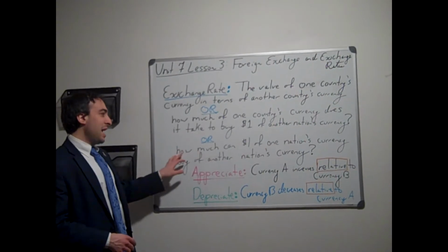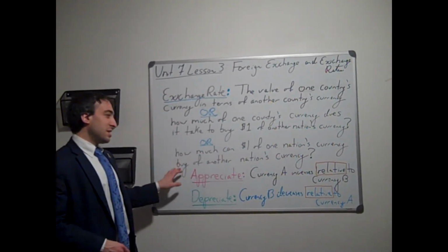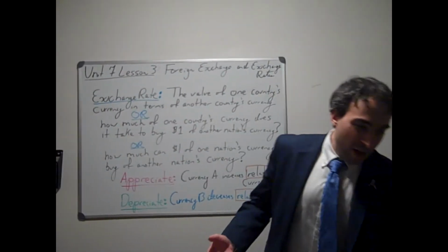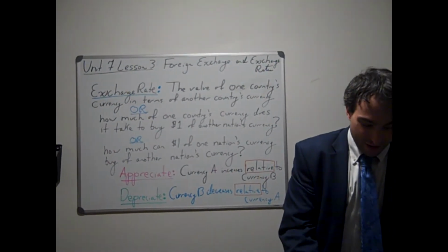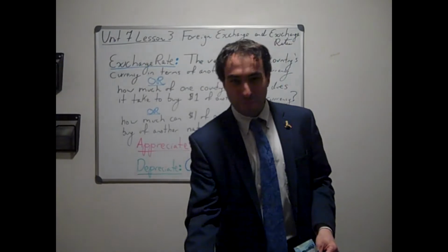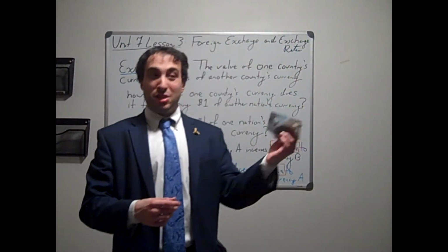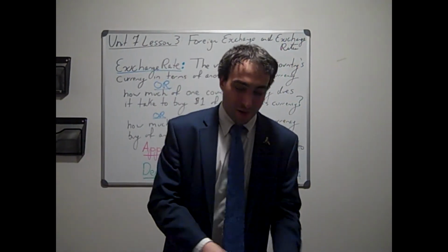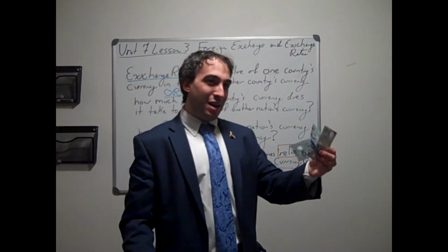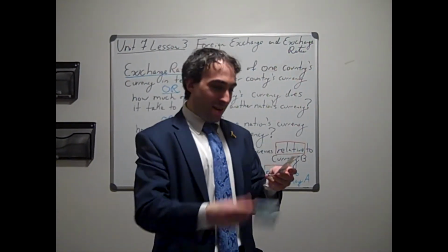Or we could say, how much of one nation's currency does it take to buy another nation's currency? So for example, $1 could buy like 20 pesos, or whatever it is now. So $1 could buy a lot of the other currency. Actually, that's a Canadian dollar.